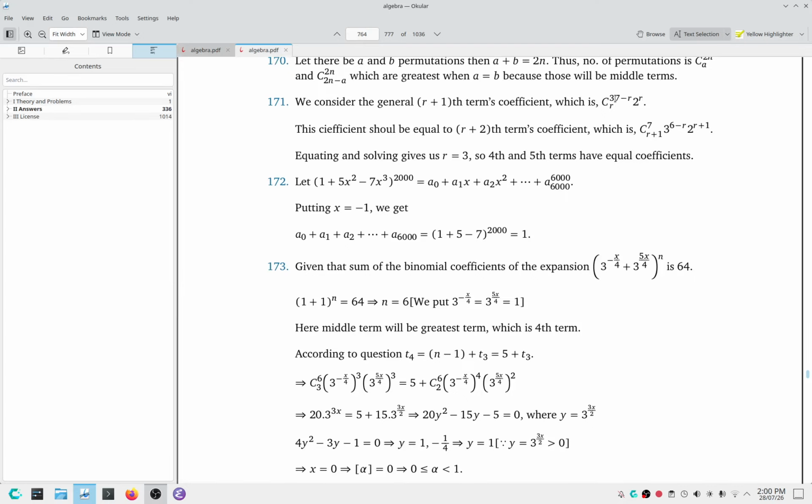There's a huge typing mistake here. So the coefficient of the (r plus 2)th term would be 7C(r plus 1), 3 to the power 6 minus r, 2 to the power r plus 1. So you equate the coefficients and you will get r is equal to 3. So the fourth and fifth terms have equal coefficients. I'll fix this, this is a massive typing mistake.